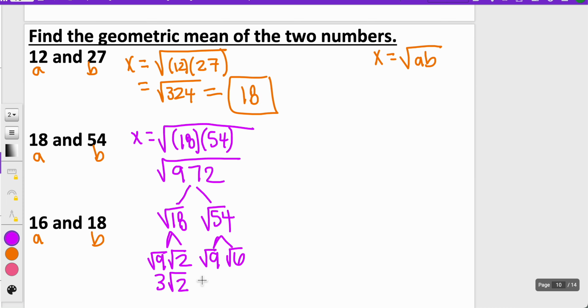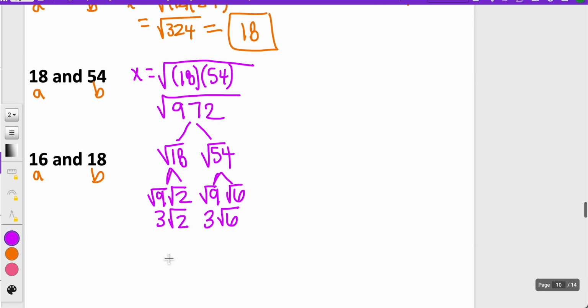Taking up too much space for this one. 3 square root of 6, and then I'm going to multiply 3 times 3, which is 9. And then 6 times 2 would be 12.